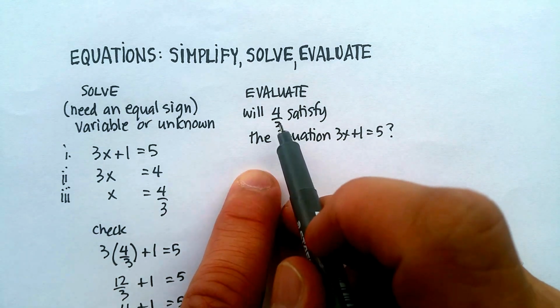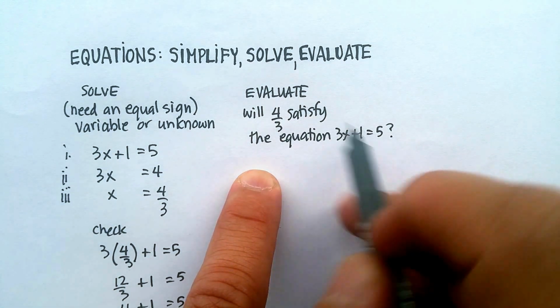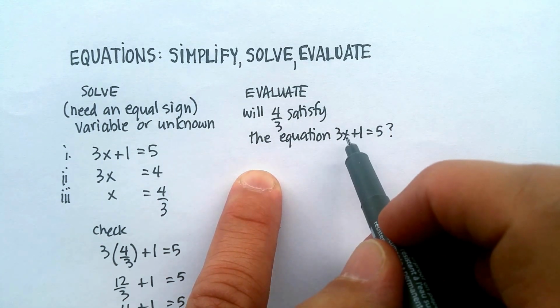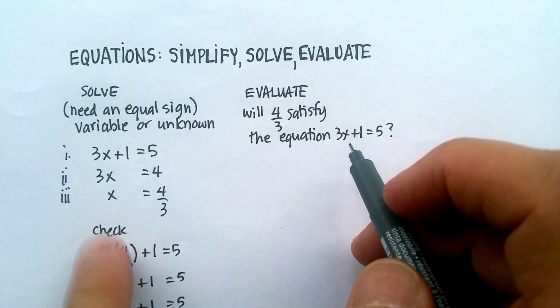What they're asking you to do, and they have some variation of this question, is to take this number and to insert it into the unknown, like we just did down here, okay?